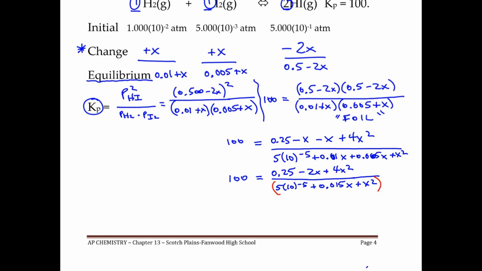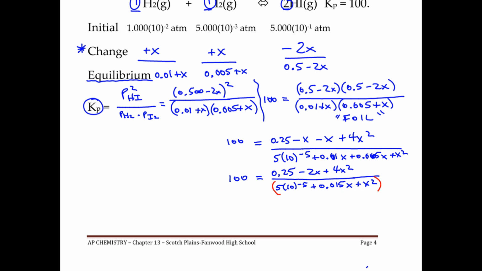So when we do, I'm going to skip a step just because I'm not going to have enough room. So once again, I'm going to take this whole denominator. I'm going to multiply both sides by this. So over here, if I multiply it, this will divide out. And then this gets multiplied over here, so I'm going to multiply by 100.